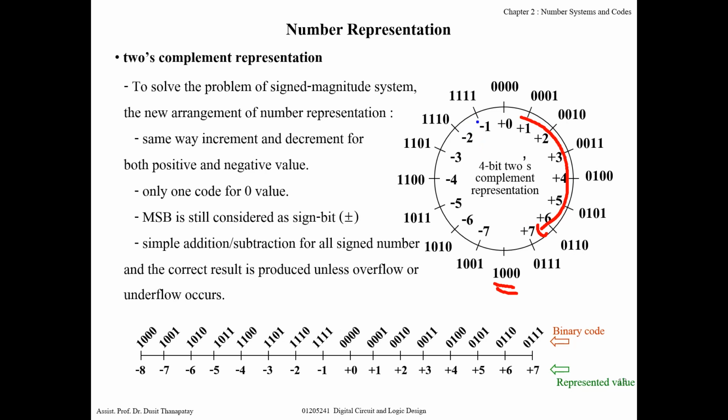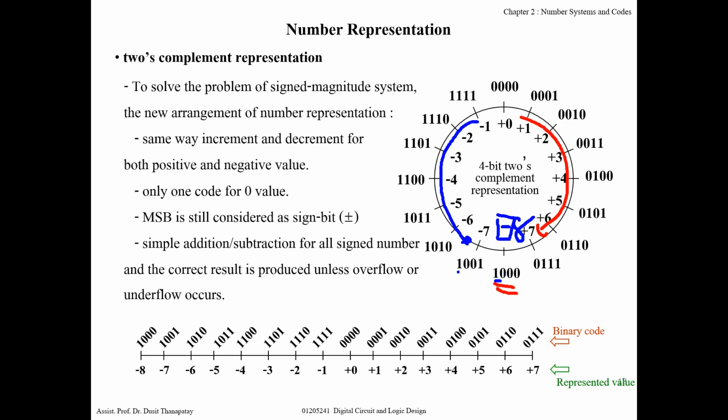But in this direction, it's minus 1, 2, 3, 4, 5, 6, minus 7. How about this? It should be minus or plus 8. Yes, it should be minus 8, right?